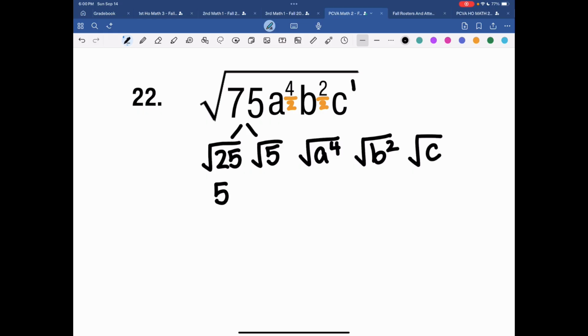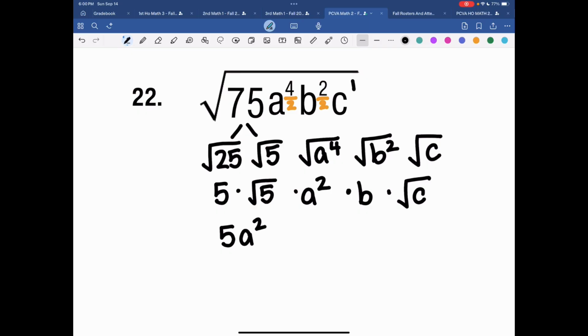So this is going to be 5. We're going to have the square root of 5 left over. A to the 4th, that means I'm going to have 2 of them, so that's going to be a squared. B squared divided by 2 is 1, so that's times b. And then we're left with the square root of c. So we're going to multiply the 5, the a squared, and the b in the front. And then we're left with 5 on the inside of the radical and c.